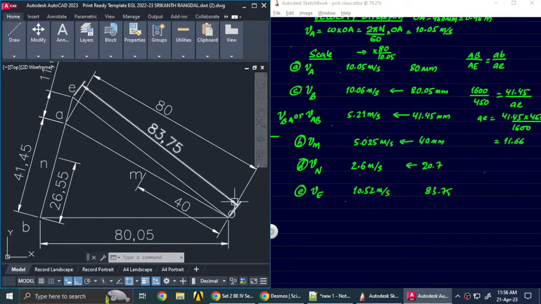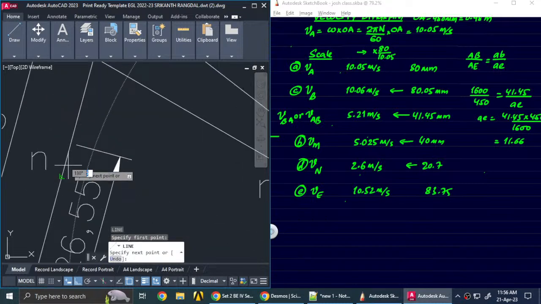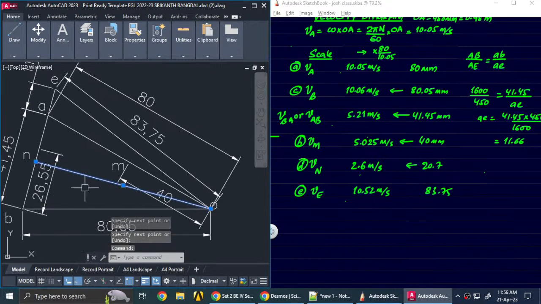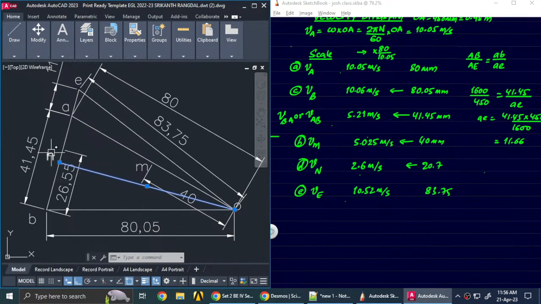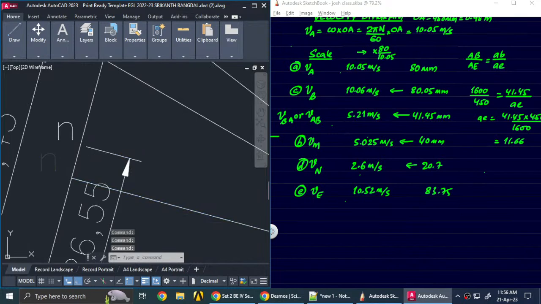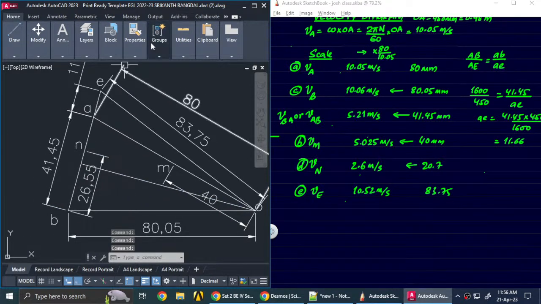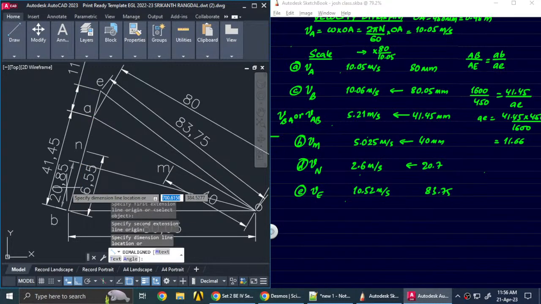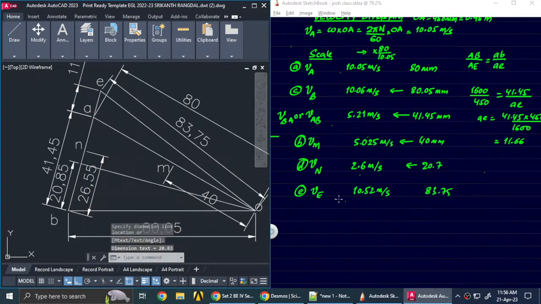We know that the shortest length here will be perpendicular, so we will have to take a perpendicular here, and that length will give us the smallest velocity. This point here will give us the point where the velocity is minimum. So let's measure this. 26.55 is the length over here.